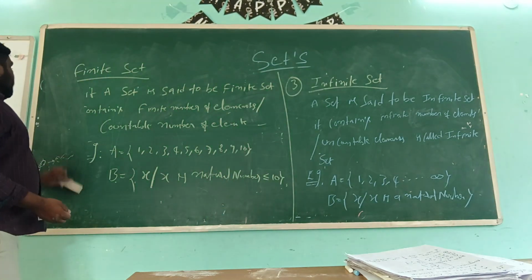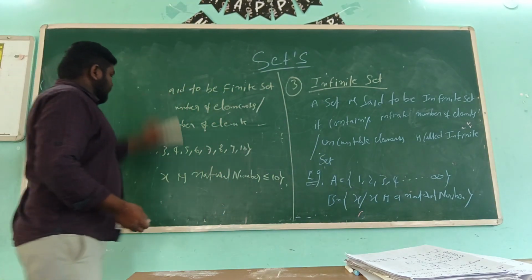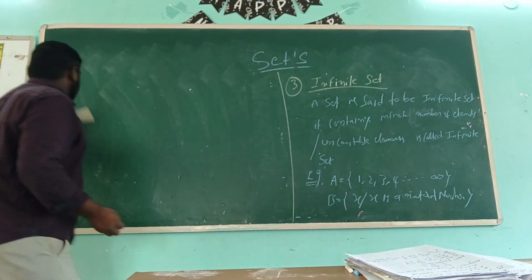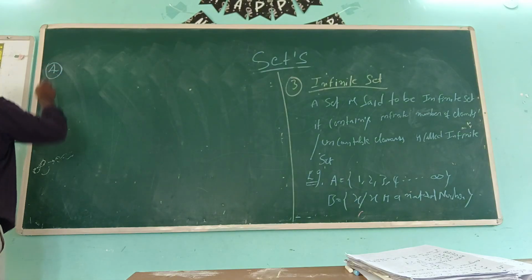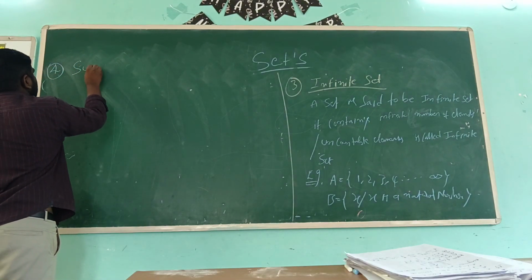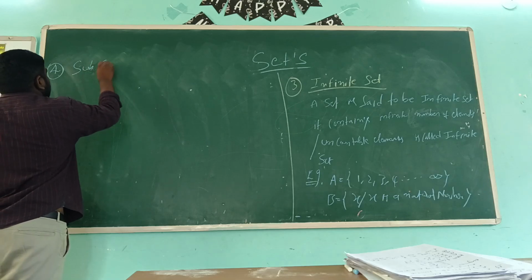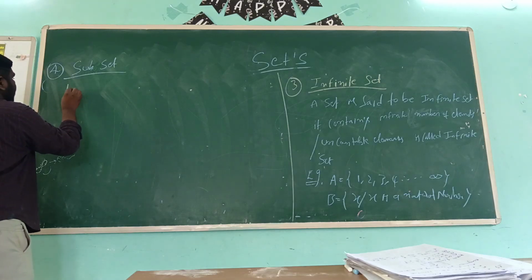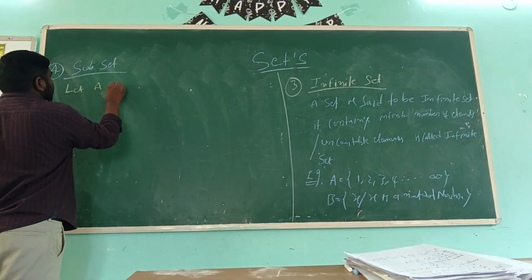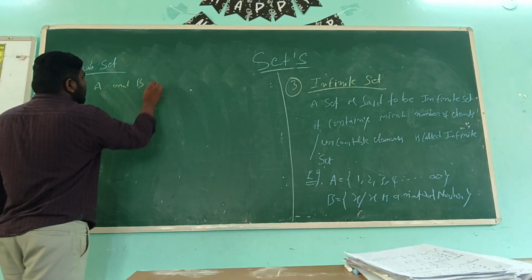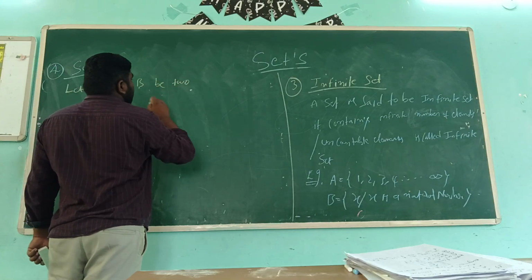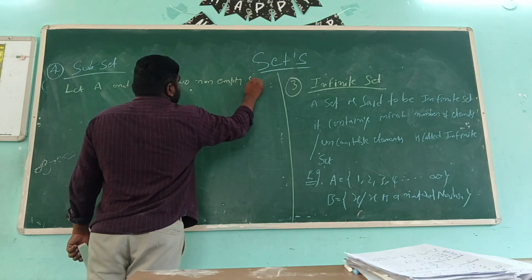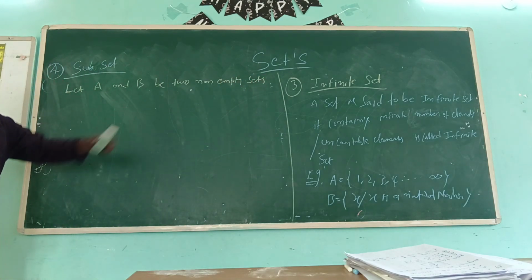What is the fourth type? Subset. If A and B are two non-empty sets, let A and B be the two non-empty sets.